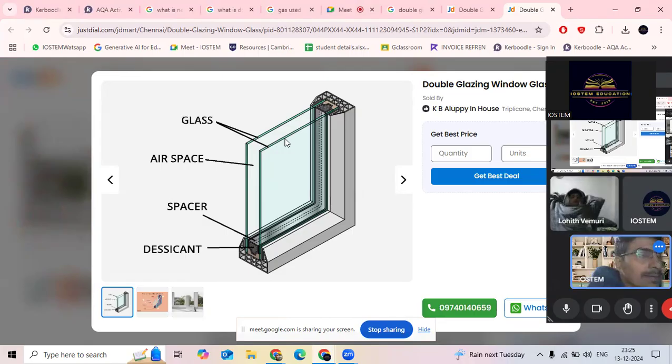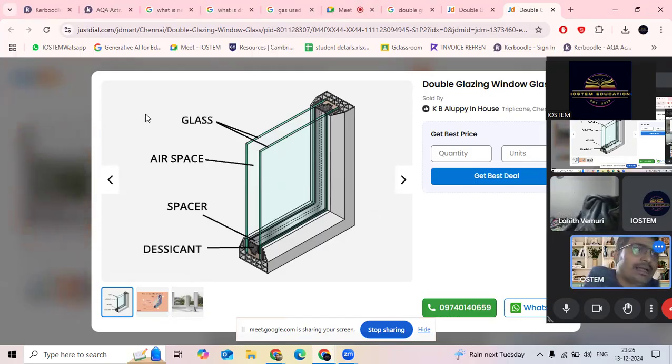Why? Yes, they want to fill this space with the noble gas so that there should not be heat transfer from outside or from inside.